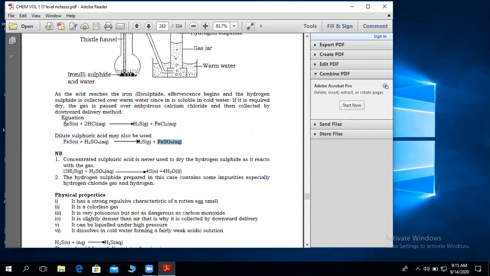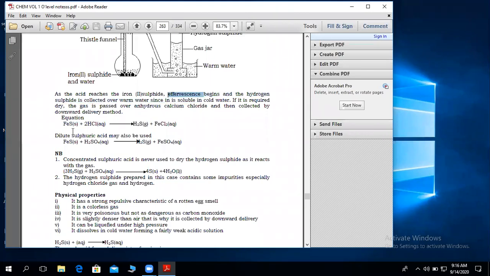So if I ask you what is observed, you will say a black solid dissolved. Yes, a black solid. This is the black solid for iron 2 sulfide. Then it dissolves in the acid, of course, and since there is a gas, there will be effervescence.